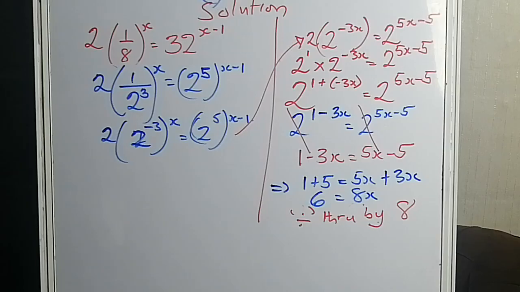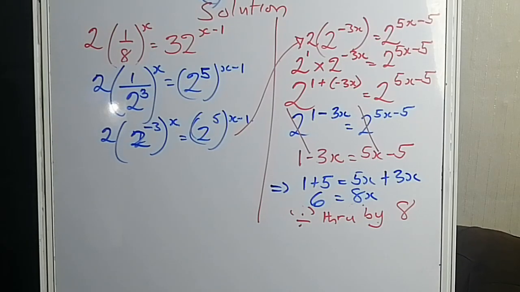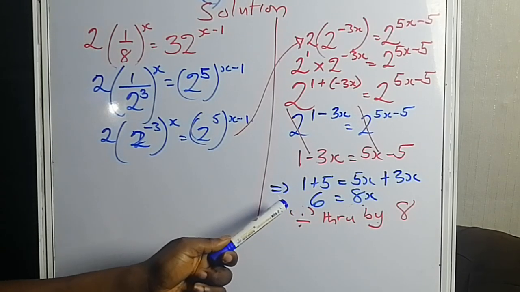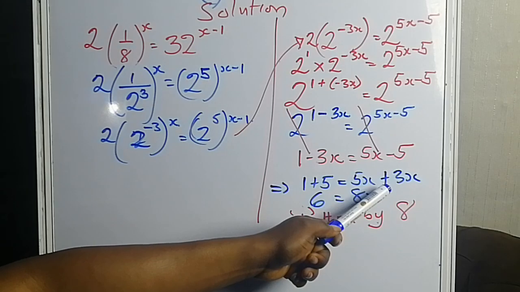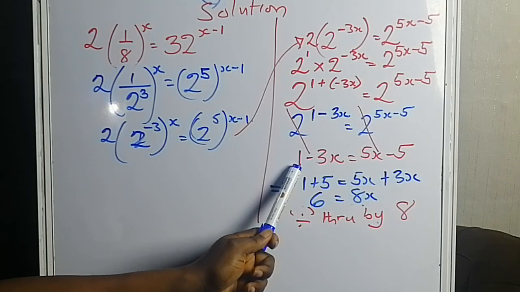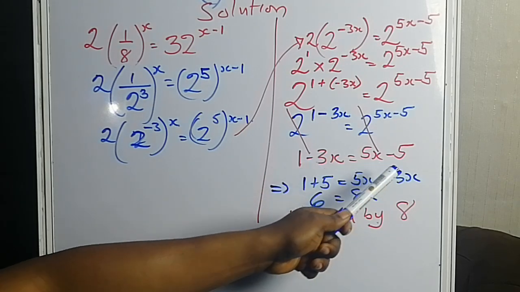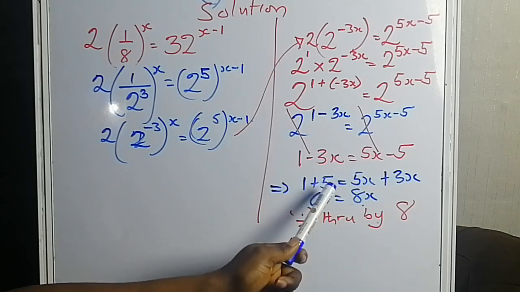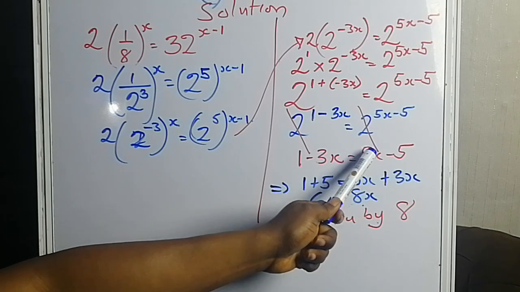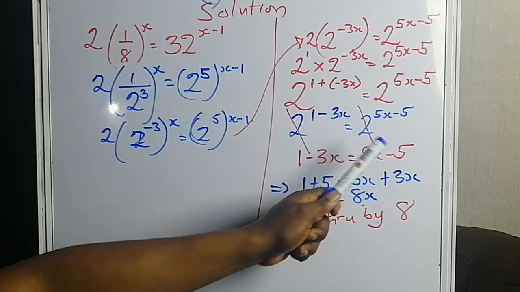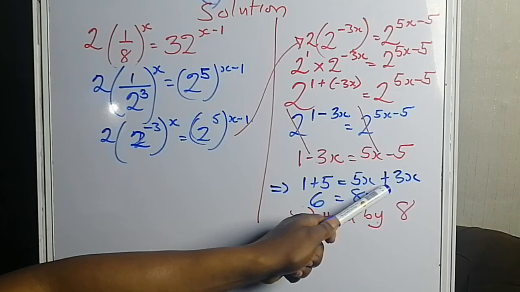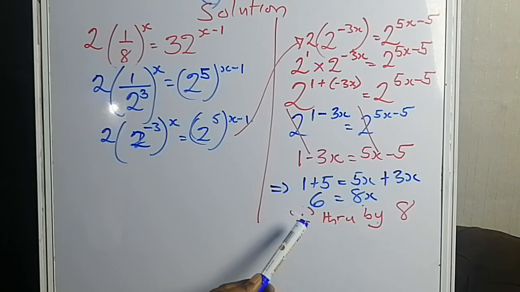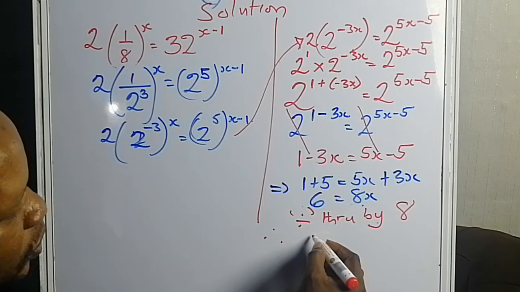Don't forget, all the x terms you bring together, and the ones with no x you bring together. So minus 5 is crossing the equal sign, it changed to positive. Then your minus 3x is jumping to the right hand side, it changed to positive.